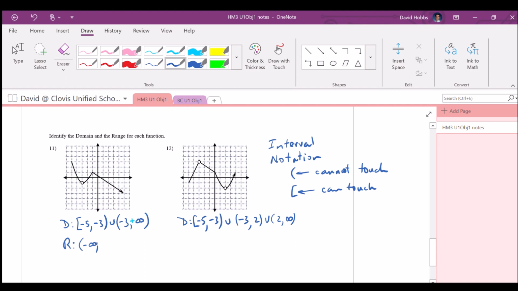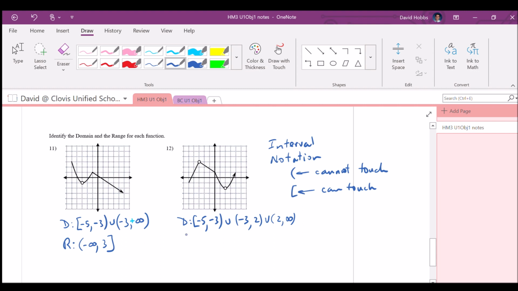I can't touch an infinity. So, and then it goes up to, now it doesn't touch elevation -1 right here, but it does touch elevation -1 over here. So we did touch elevation -1, so technically nothing's left out of the range, and we go all the way up to elevation 3, and then that's the highest value.